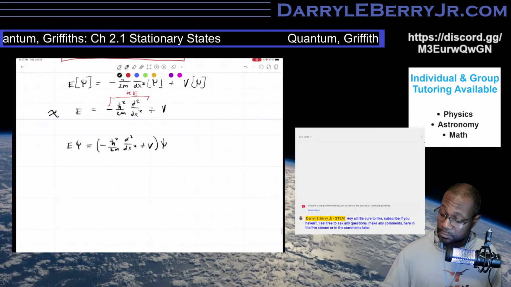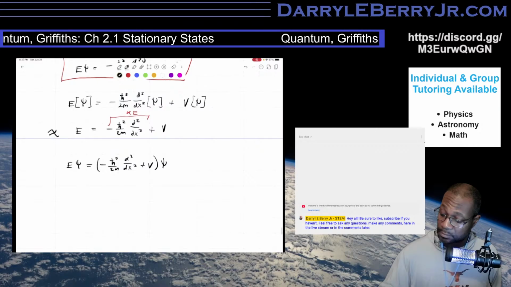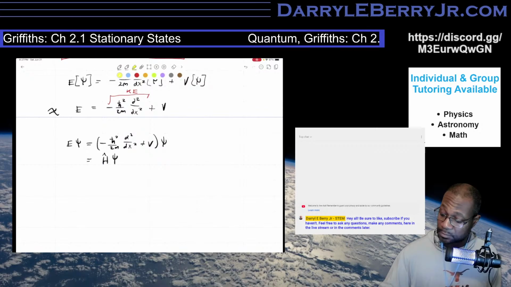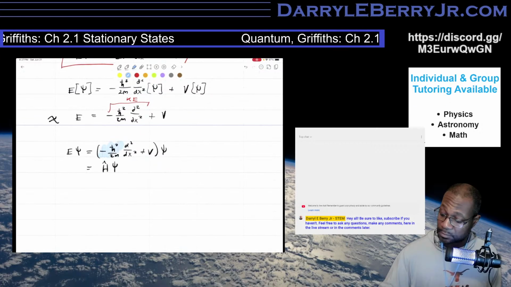So basically, extracting psi out of it, we call this the Hamiltonian. This value here is called the Hamiltonian, in that if we put this operator onto psi, it would extract the energy of psi, the total energy, and give us psi back, which is quite interesting.